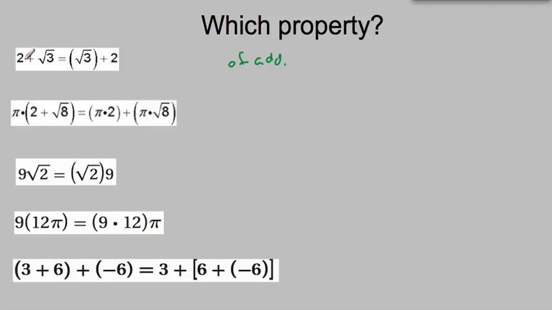Here I've got a 2 plus a root 3 equals root 3 plus 2. I've changed the order, but addition is commutative, so it will actually be true. This will be the commutative property of addition. I'll write it out all the way. Commutative property of addition.